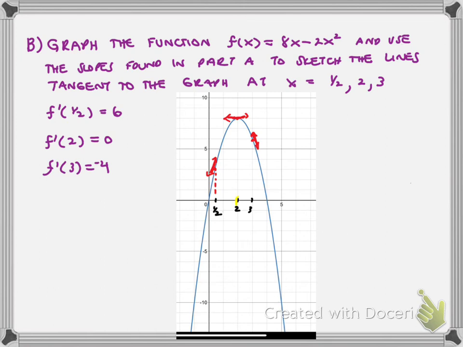At 2, the point here is on an upside down parabola, right? It's really at the vertex. So when the slope is 0, remember that means a horizontal line. I'm going over 4 minutes. I'm almost done with this. It's a horizontal line. Here at 3, if you found the slope of that tangent line, it's going to be -4. And here it's a little bit steeper, so it's 6.